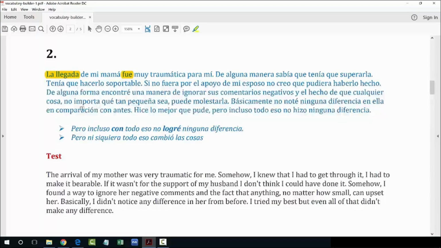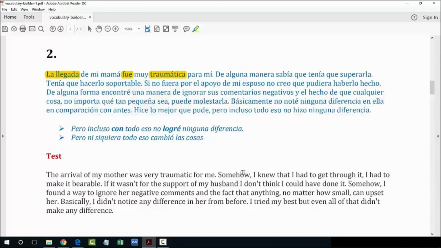Now this is an event, so this is why it goes with fue instead of era. And then we have the word traumática, ending in a to match what it's describing. So the arrival, la llegada, was traumatic. Traumática para mí. So let's take this word as well as some vocabulary that we could add to our list.